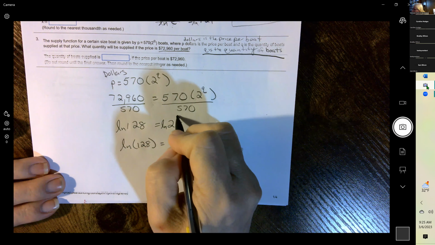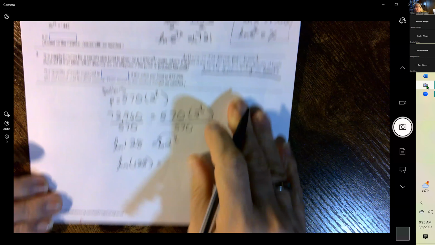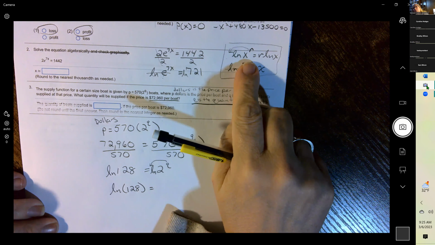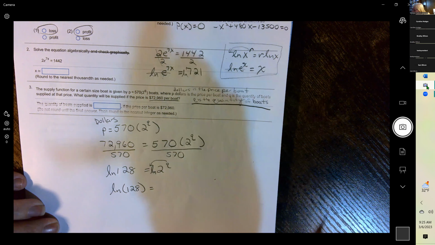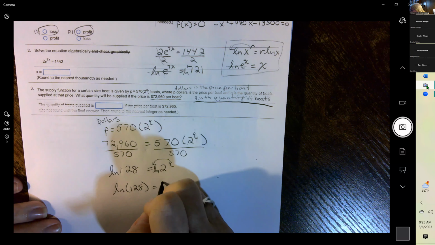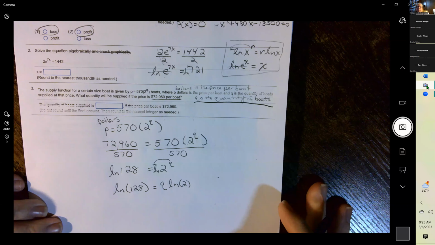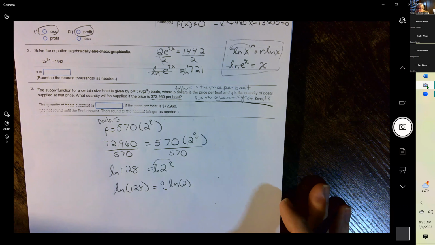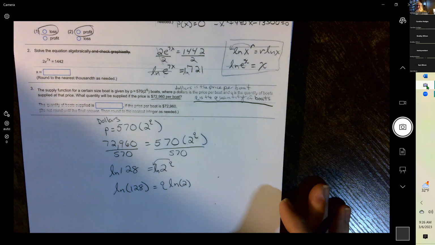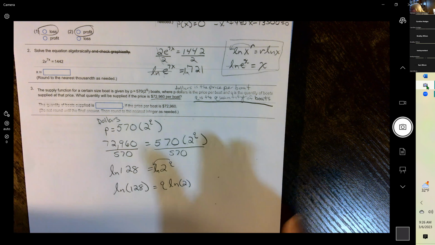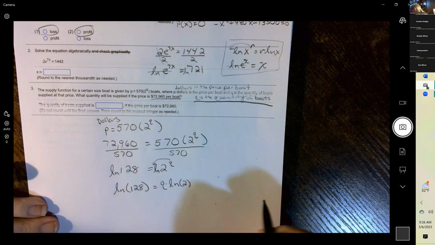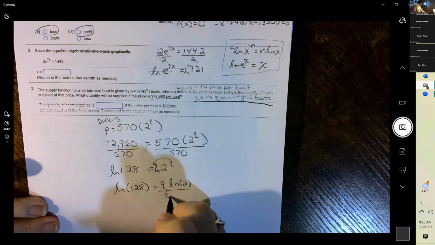Here, this Q can come down in front because of this one. Any questions? Again, this is multiplied, so to get rid of that natural log of 2, we divide it.